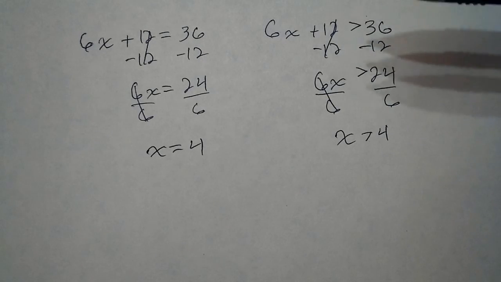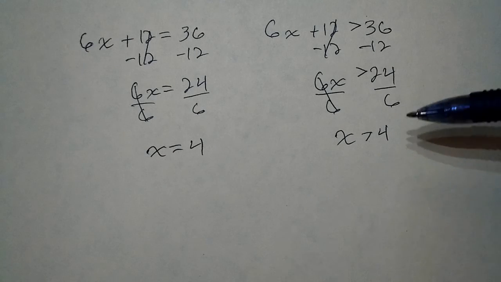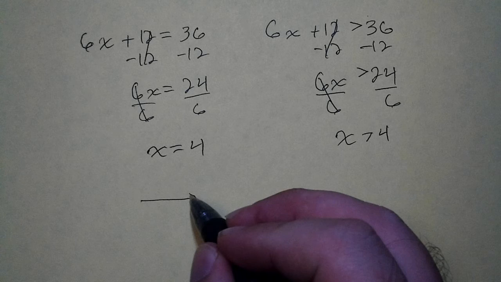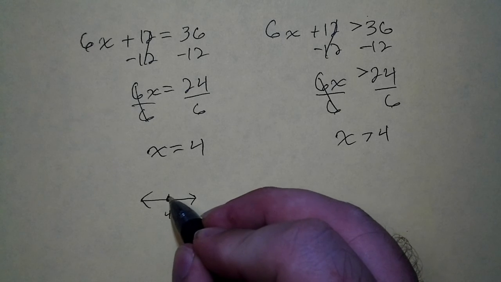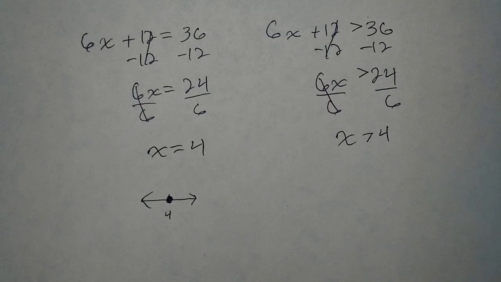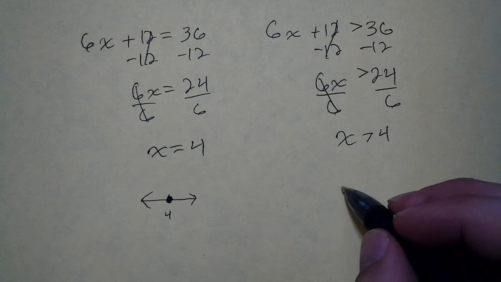The big difference is this one is one solution. This tells me I have many solutions. So think about it this way. If over here the only value I had is 4, then if I was to graph a solution, there would just be a dot on 4, right? Now this says x is greater than 4.